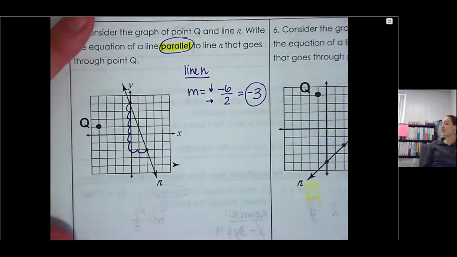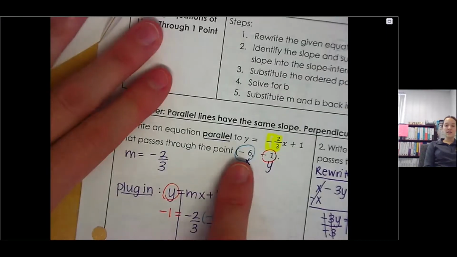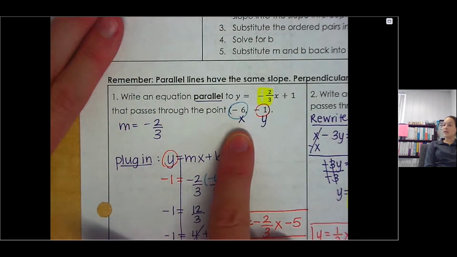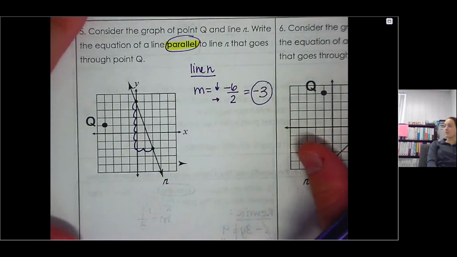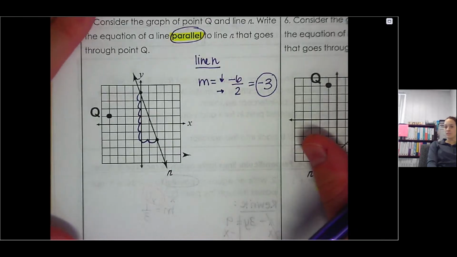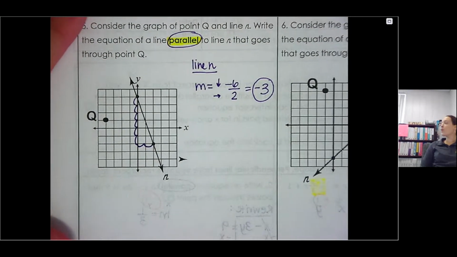Now, the only other thing you need is your X and Y coordinate. How do you figure that out? So on the front, I gave you the equation and I gave you the point, the X and Y. You have the equation, you've got the slope, you still need the X and Y. Where would I get that from? Where do I want my line to go through?